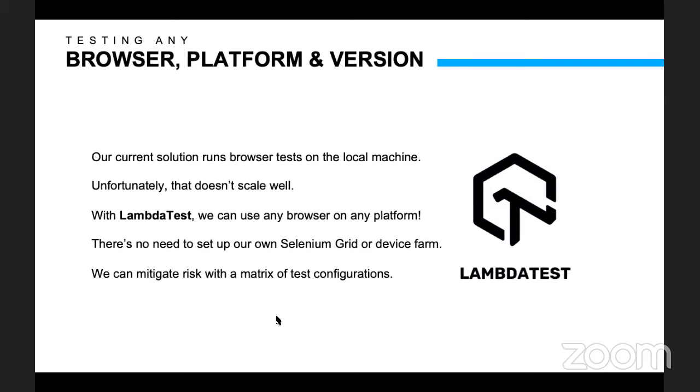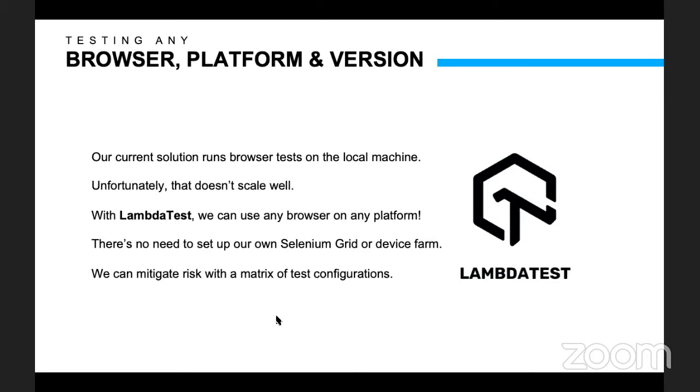And that's where Lambda test can come in. With Lambda test, you can test any combination of browser, operating system, and version. It's simply WebDriver as a service. You want it, you request it, you got it. You also don't need to set up your own Selenium grid or your own device farm.